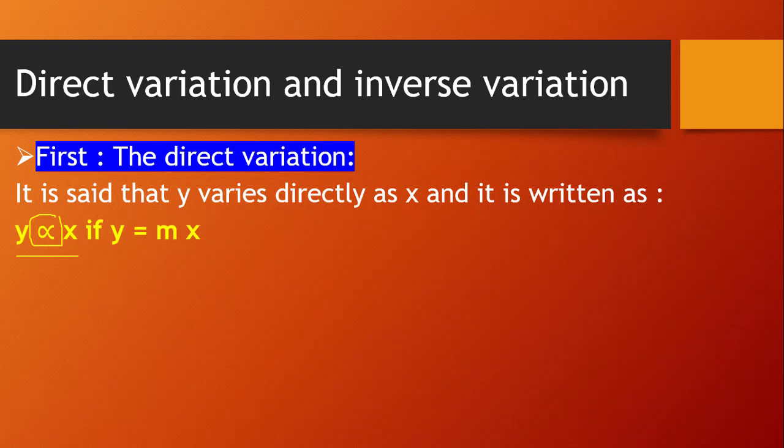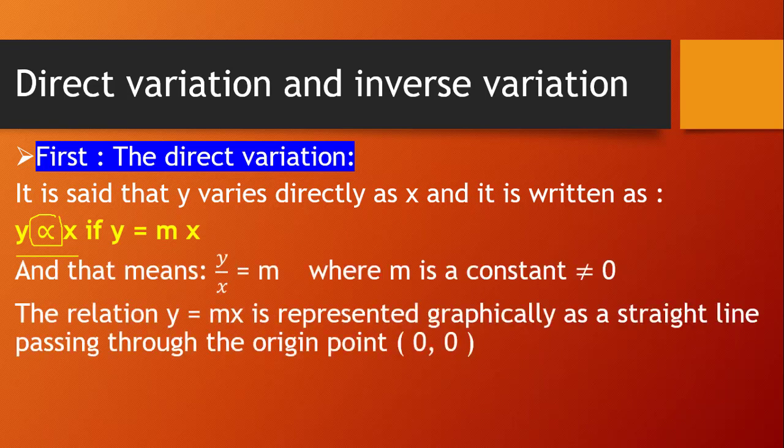It means that y equals constant times x. If I want to get m, it will be y over x. So y over x equals a constant, for example, m. M is any constant, but m should be any constant except 0. So m doesn't equal 0.